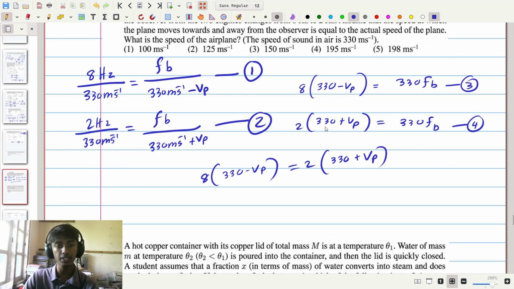Now simplifying, we get 8 times 330 minus 8 Vp equals 2 times 330 plus 2 Vp.